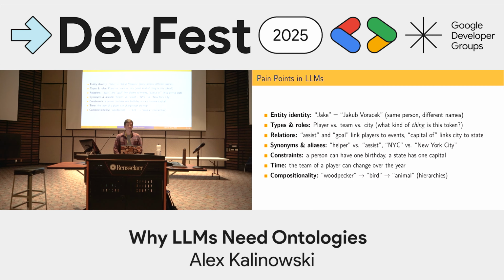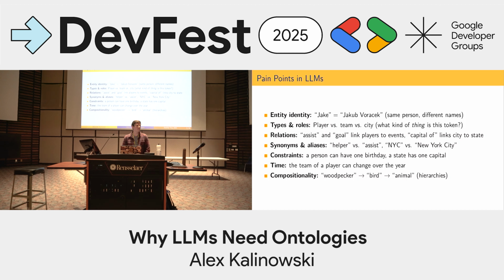Same thing with types and roles. Is it a player? Is it a team? Is it potentially a city? What kind of thing is this token? And we'll keep hitting on this point of strings versus things. Same thing with relations. Assist and goal link the player to the event.